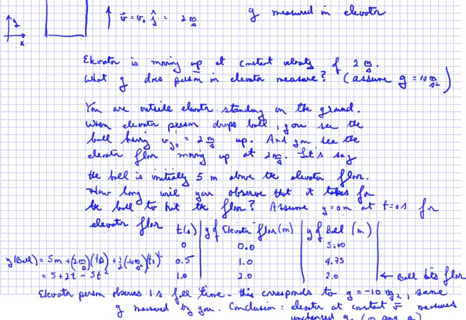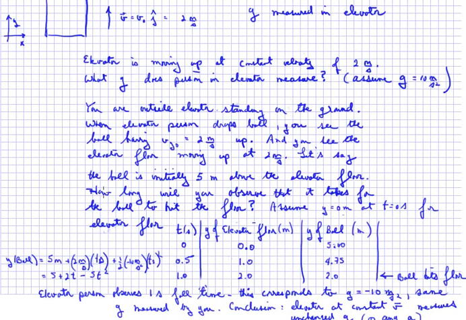When the elevator person drops the ball, you will see the ball having an initial upward velocity of 2 meters per second, up. And you will also see the elevator floor moving up at 2 meters per second. And so let's say, again, just to be concrete here, that the ball is initially 5 meters above the elevator floor. That's quite a height.